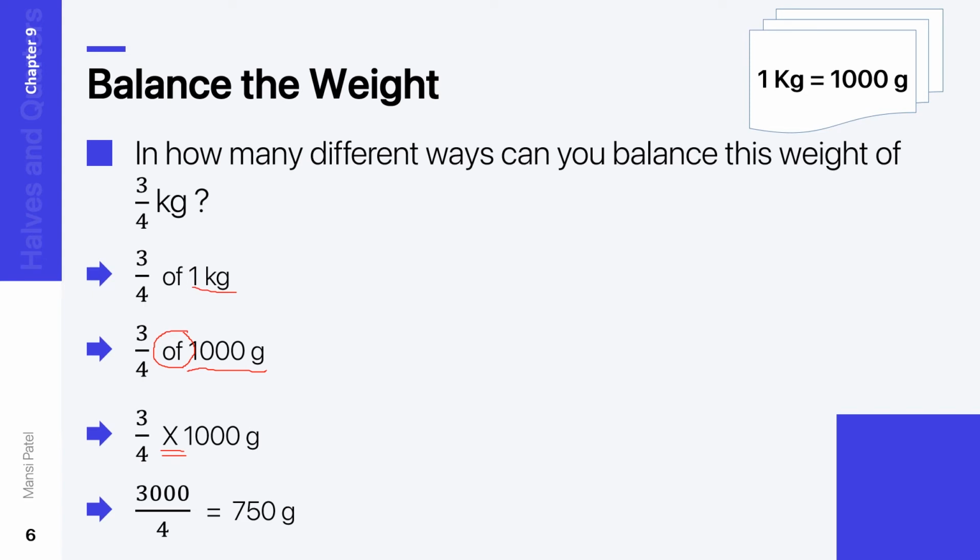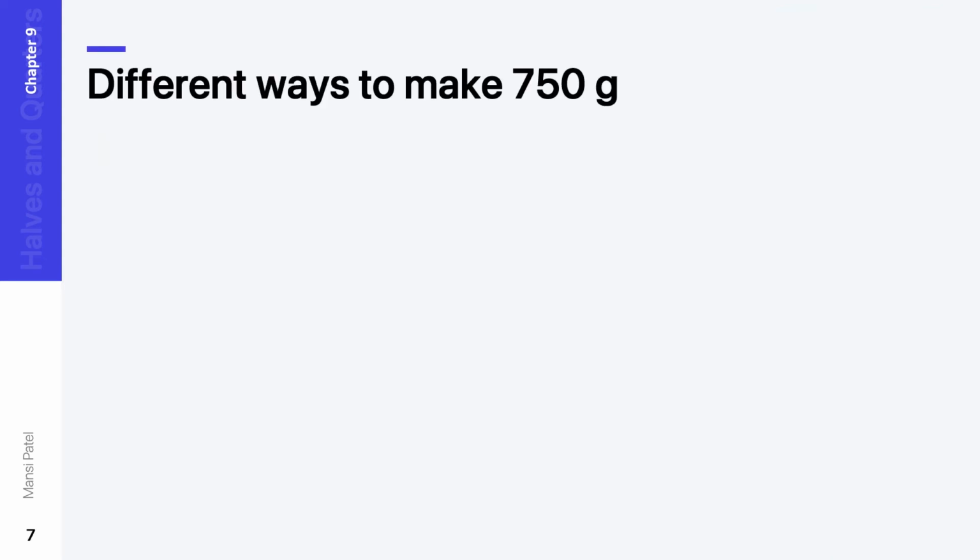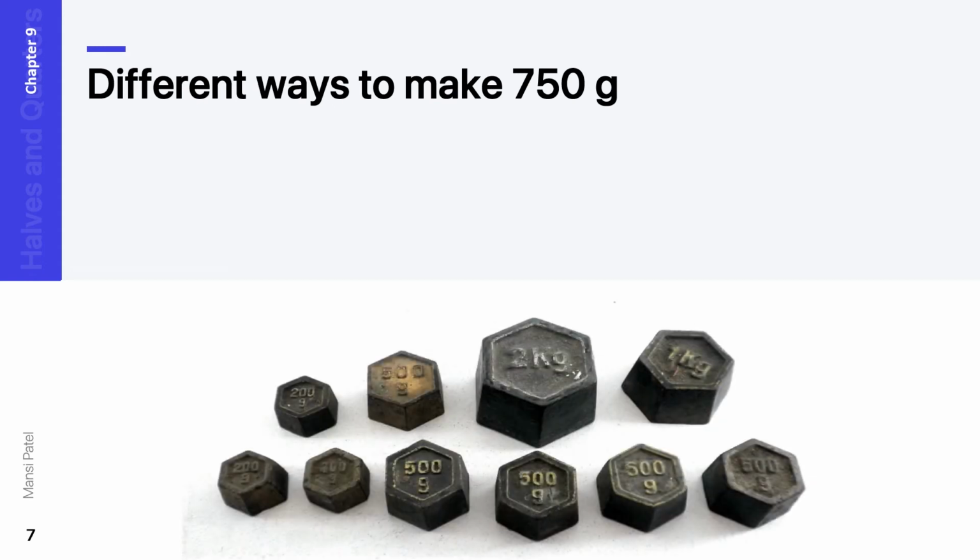But how can we make the 750 gram? With the help of which unit? Let us see. Different ways to make 750 gram. If you want to make the 750 gram, it is not necessary that you use any particular measurement. You can see here, these all are weighing stones.